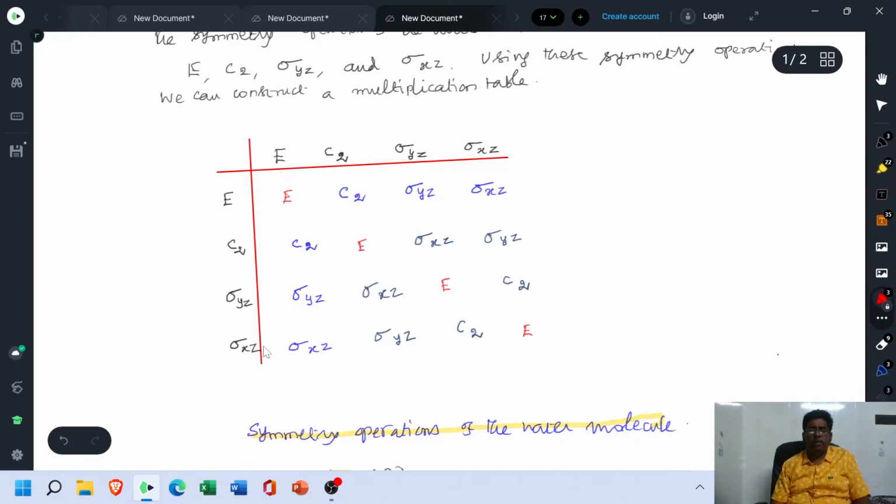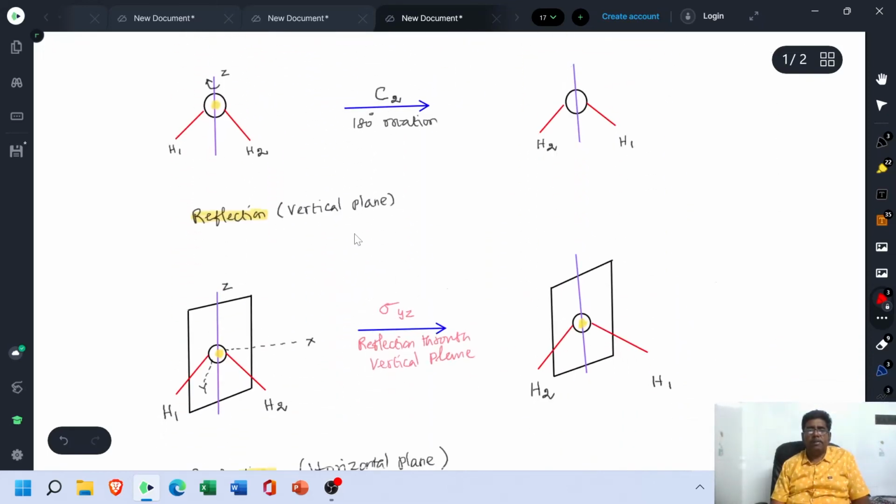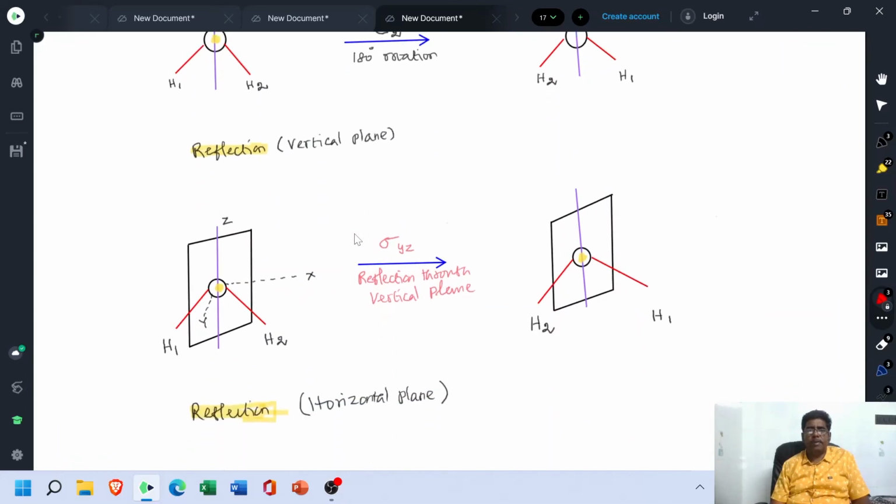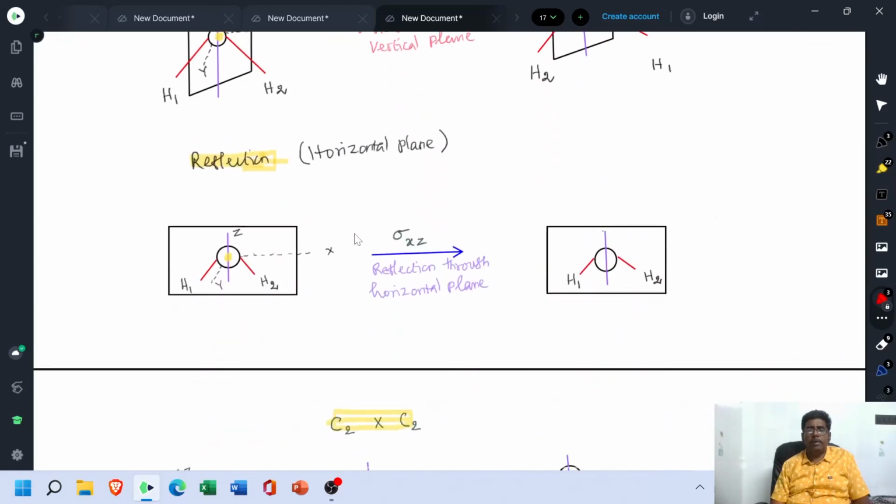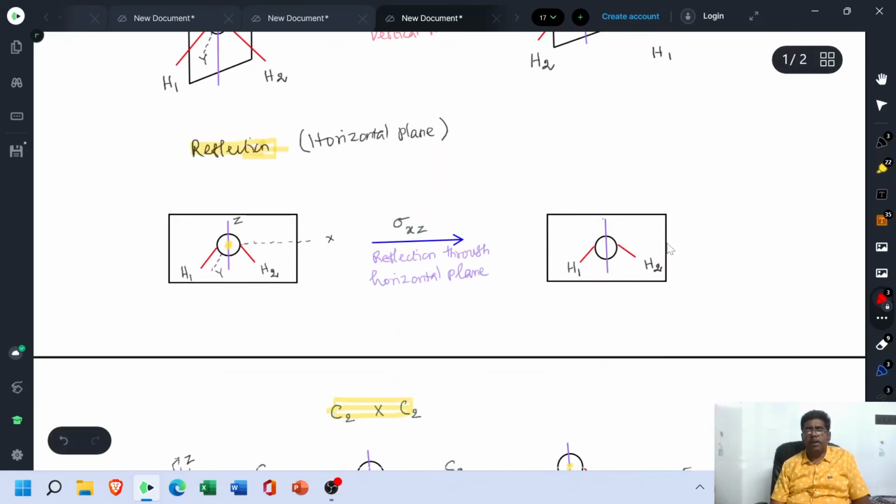If you want to verify this, see the sigma xz operation. If you allow once again the sigma xz operation on the actual water molecule, after performing the sigma xz operation you had this structure, which means that these two hydrogen atoms are presented in the actual positions, but the phase of the oxygen is changed.